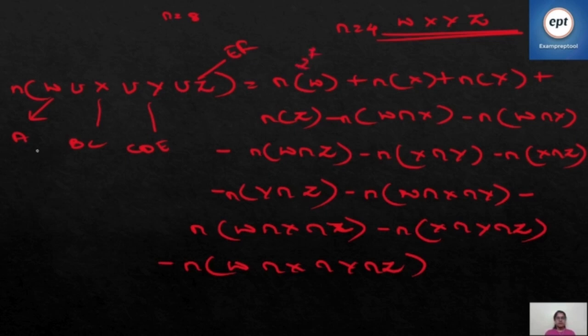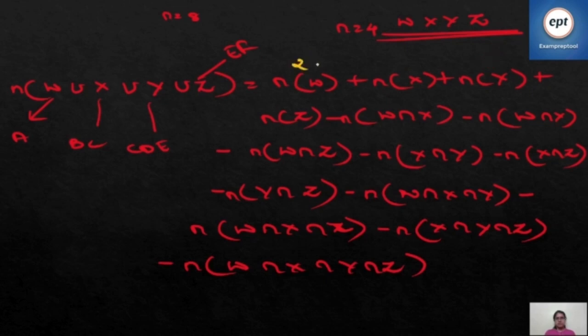Now X has 2 values, so we will subtract 2 from 8, so that's why it will be 2 to the power 6. After that, for Y we have 3 values, so we subtract 3, so it will become 2 to the power 5 plus, okay, let me write this in a different color.